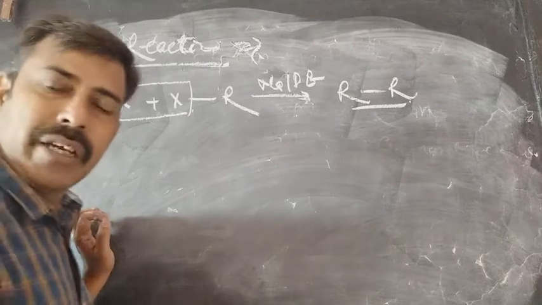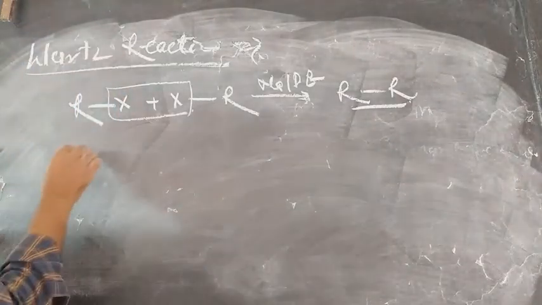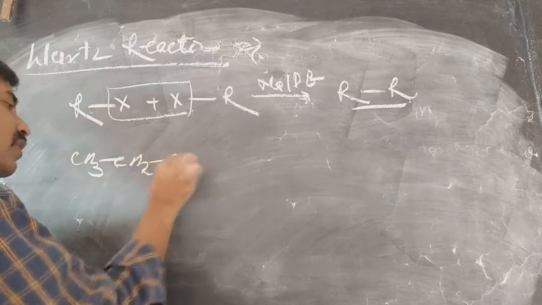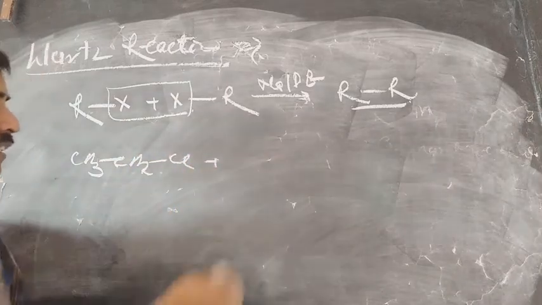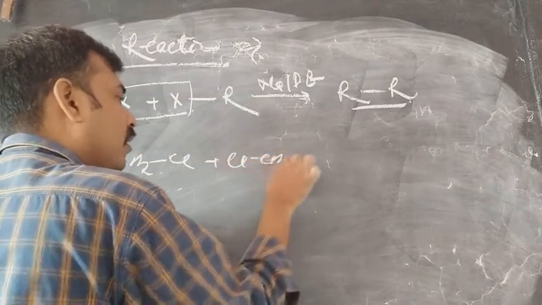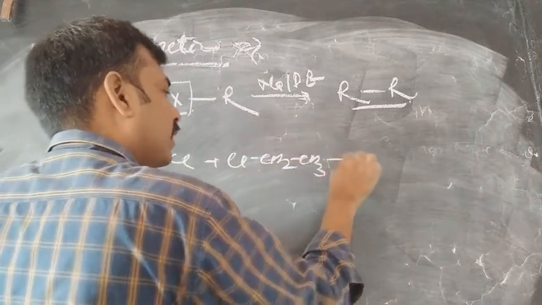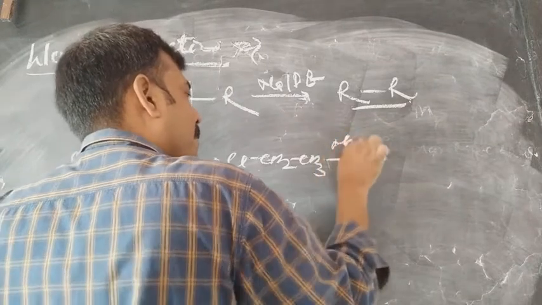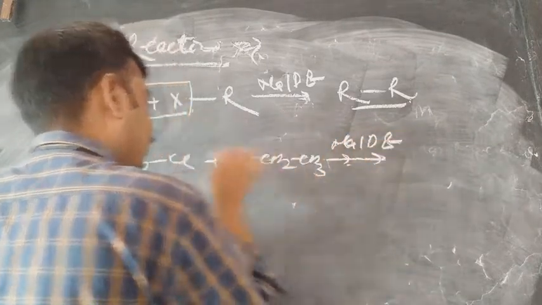Or if we take a specific reaction, this is CH3CH2Cl reacting with itself, that is ClCH2CH3, in the presence of sodium and dry ether.